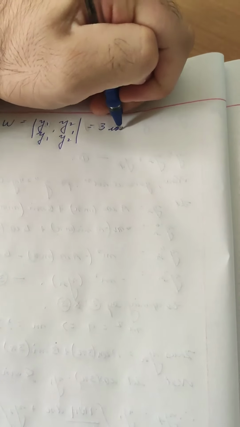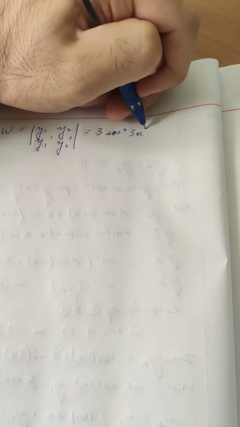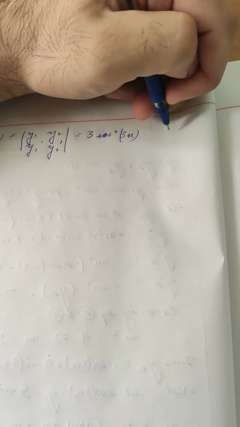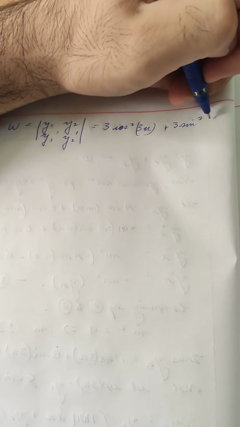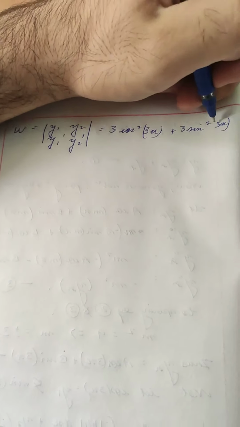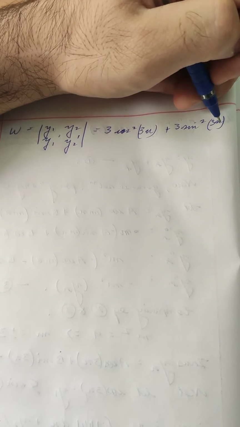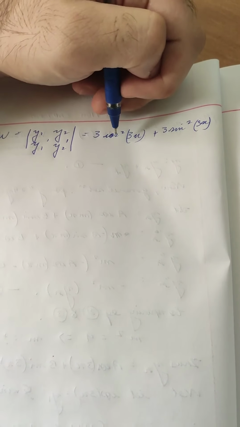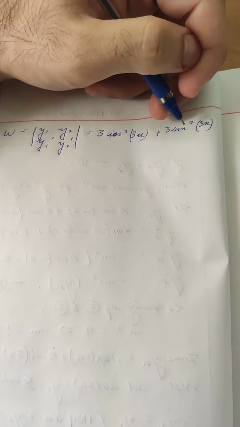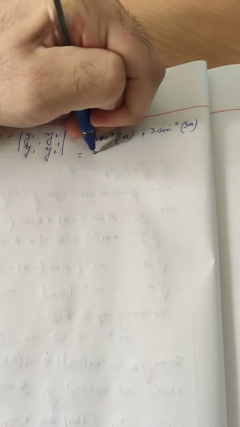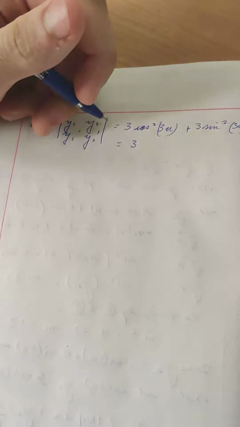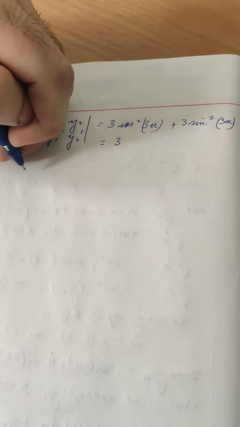This would lead us to 3 cos square 3x plus 3 sine square 3x, right? So we'll take out the 3 common and we'd be left with cos square 3x plus sine square 3x, which is nothing but 1. So it will be 3 into 1, which is basically 3. So we found out our w is 3.